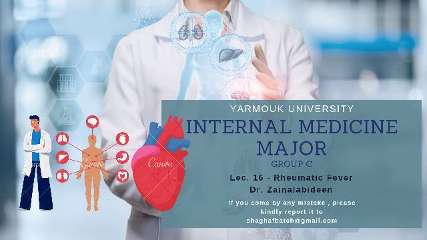Why not stenosis? We said there is no fibrosis yet; stenosis will come later. Investigations to be done: we said the inflammatory markers, leukocytosis, ESR, CRP, and evidence of a preceding streptococcal infection.